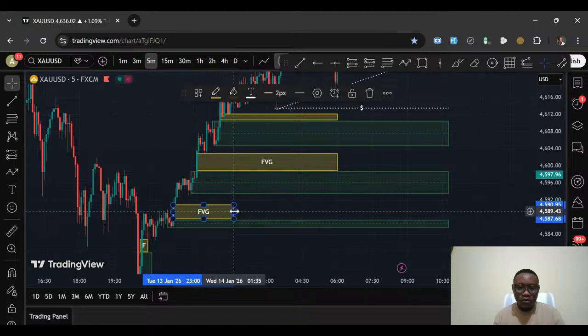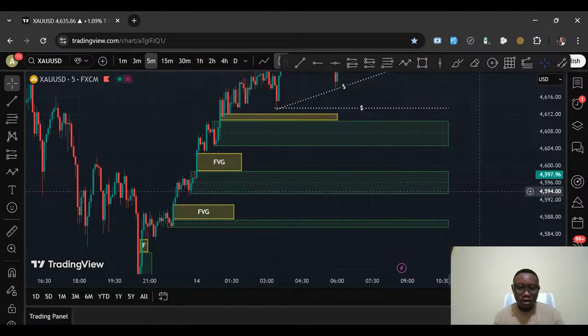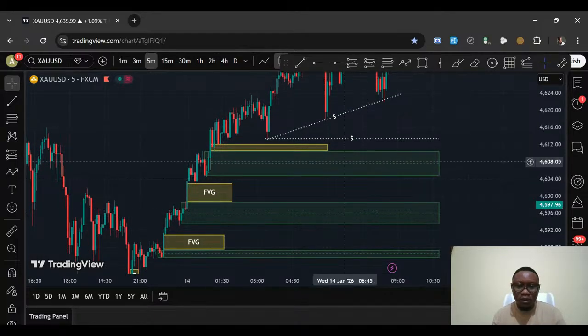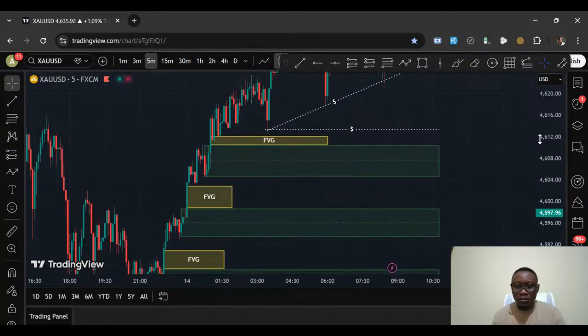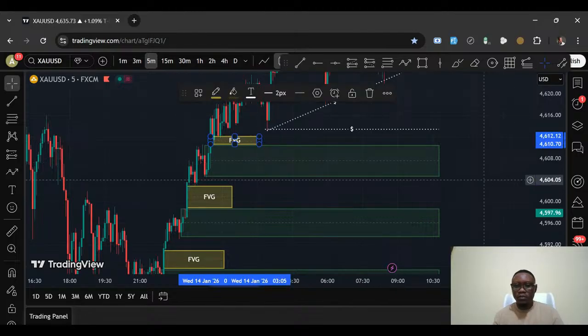Okay, so these are fair value gaps. This is a fair value gap. I think this is good.